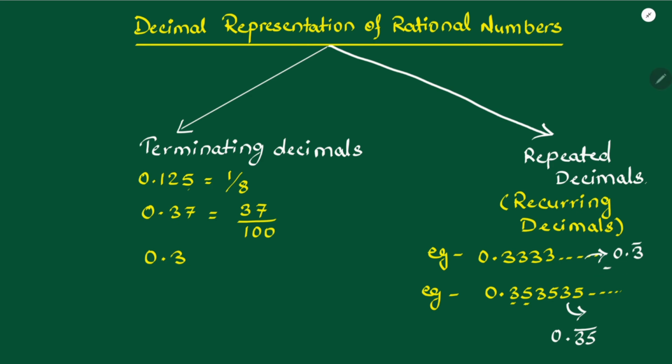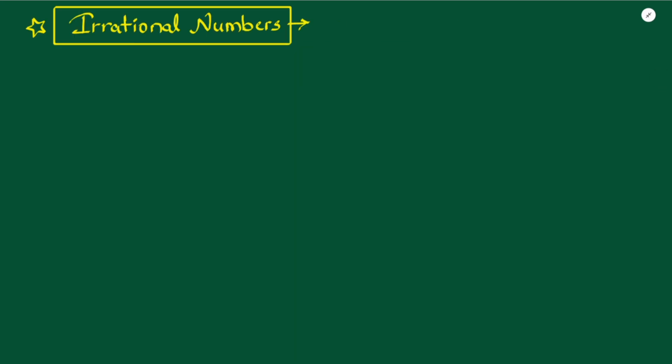Here this will be 1 by 3 and here this will be 35 divided by 99. Do not worry if you do not know how we can convert these decimals to fractions. We will take many questions in the upcoming sections and we will learn how we can convert these repeated decimals to fractions. Let's talk about irrational numbers now.